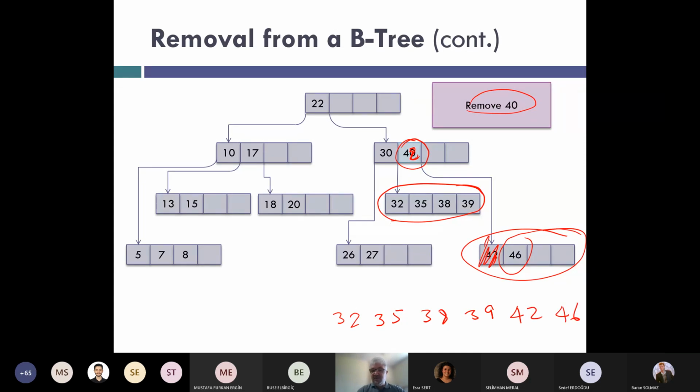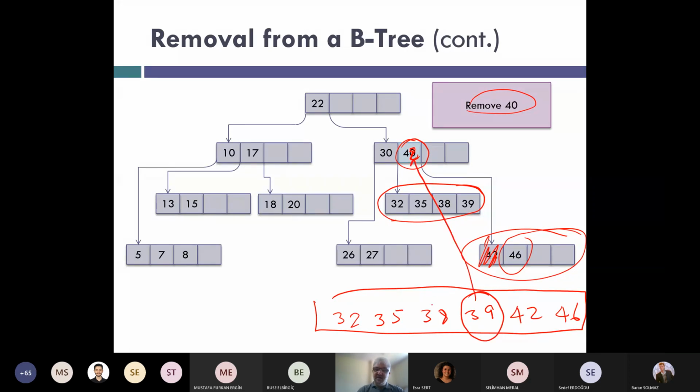And of course, all these values cannot fit in a node. So what we have to do is split these nodes. We can move 39 up, and this may be the left sibling, this may be the right sibling.